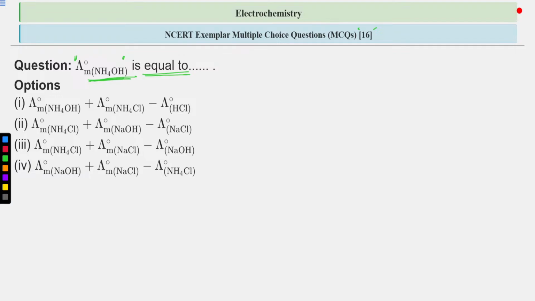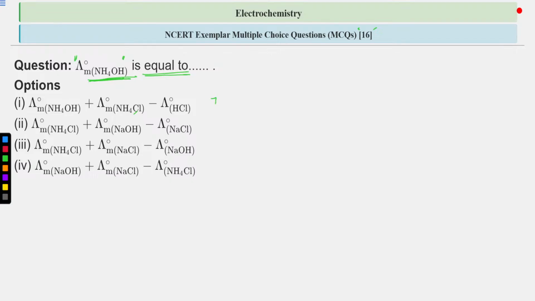The options given are: lambda naught m of NH4OH plus lambda naught m of NH4Cl minus lambda naught of HCl; or lambda naught m of NH4Cl plus lambda naught m of NaOH minus lambda naught of NaCl; or lambda naught m of NH4Cl plus lambda naught m of NaCl minus lambda naught of NaOH; or lambda naught m of NaOH plus lambda naught m of NaCl minus lambda naught of NH4Cl.